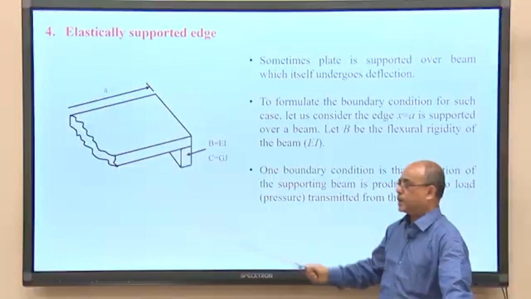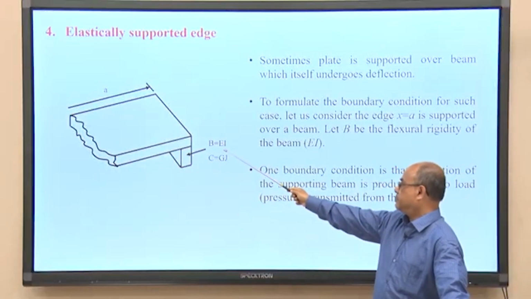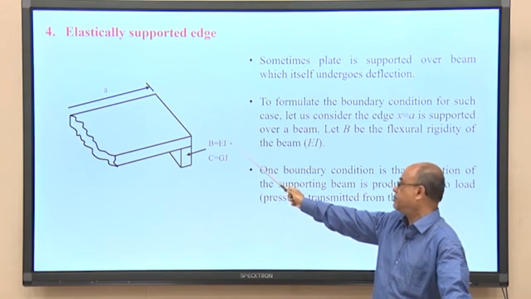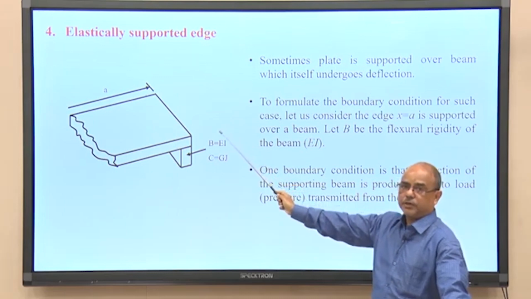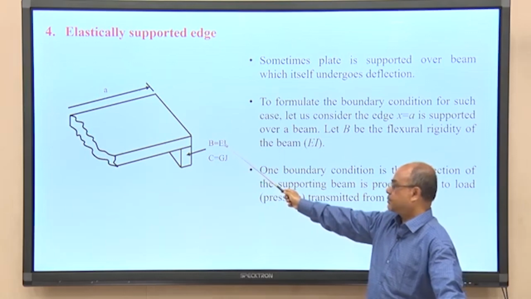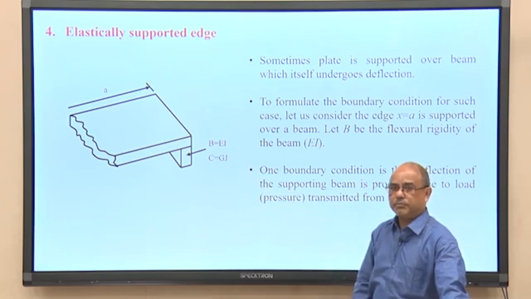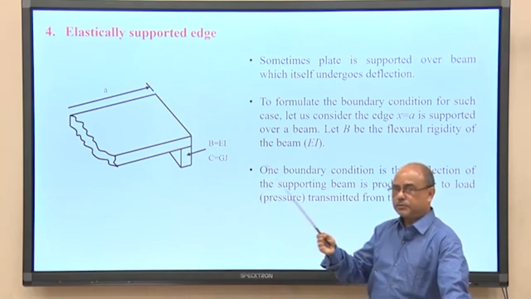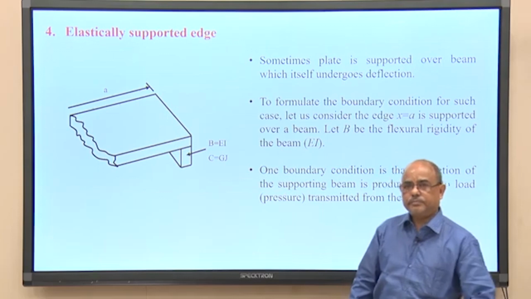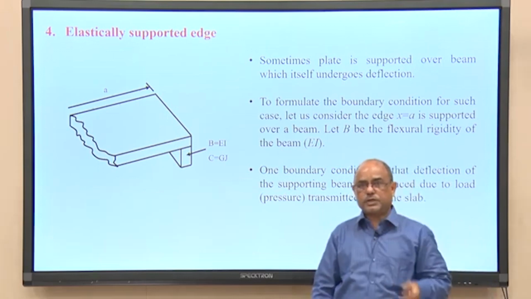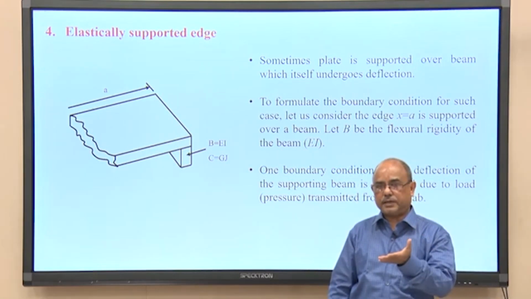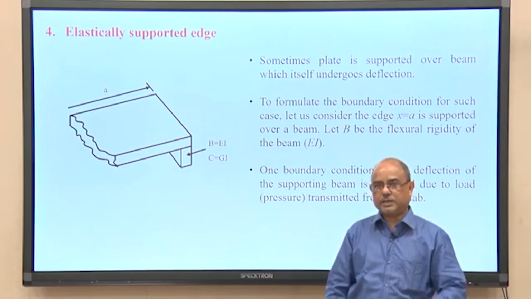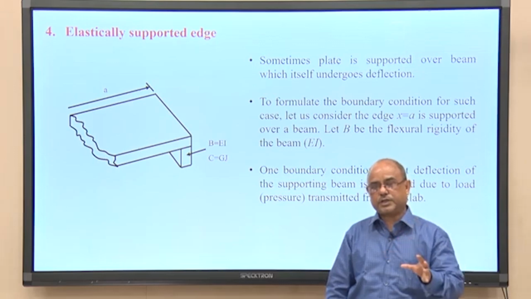We should know two parameters for the beam. One is EI, the flexural rigidity of the beam, where E is the modulus of elasticity of the beam and I is the moment of inertia of the beam. It is not necessary that plate and beam have the same modulus of elasticity. The beam may be of a different material. Suppose you construct a slab of concrete of say 20 MPa, then the beam may be of concrete of 30 MPa, so there will be a difference in modulus of elasticity.